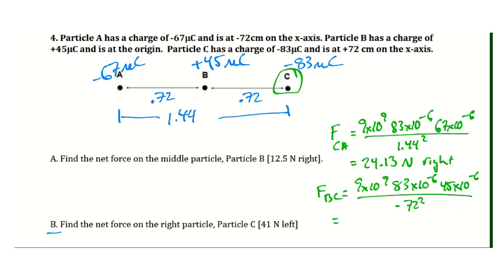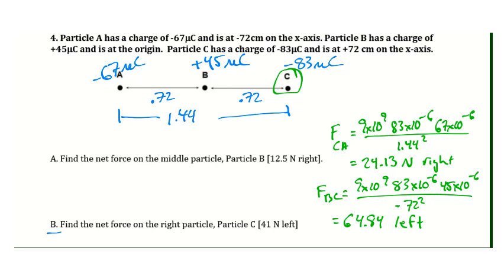So we have to plug this in. And the force here is going to be 64.84. And that was between B and C. They are opposites, so this is going to be left.